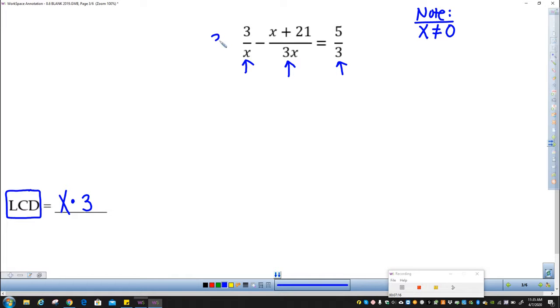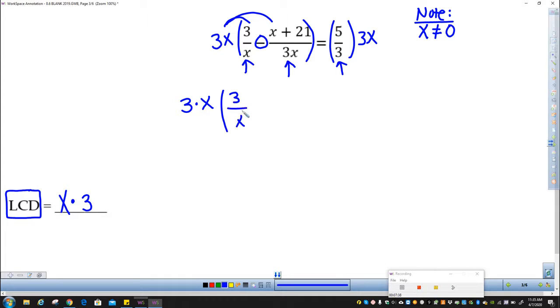So we are going to think about multiplying both sides of our equation by 3x. And just as we did before, we are going to have to distribute on the left side because we have a subtraction sign. So that 3x is going to multiply by each part. So expanding it out to show that, I'm going to show 3 times x multiplied by this first fraction, 3 over x.